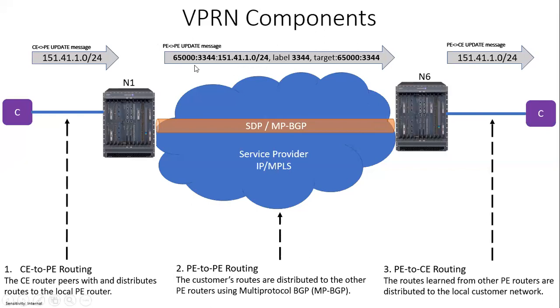So it does that by prepending it with the route distinguisher, thus creating our VPN v4 prefix. And once the VPN v4 prefix is created, then multi-protocol BGP will attach a route target onto it. And that route target is going to instruct the PE router which routing table to place this VPN v4 prefix in.